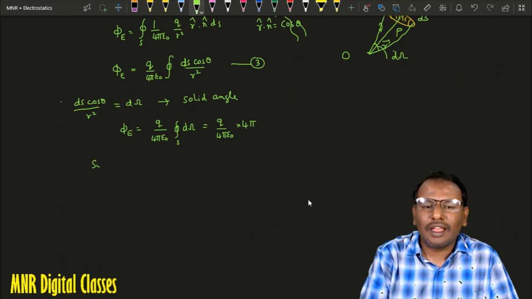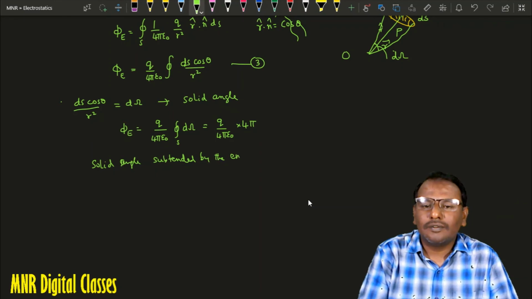The solid angle subtended by the surface, the surface integral of d omega, is equal to omega. This is equal to 4 pi.